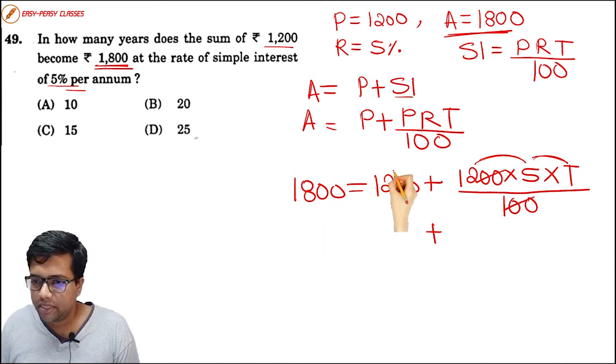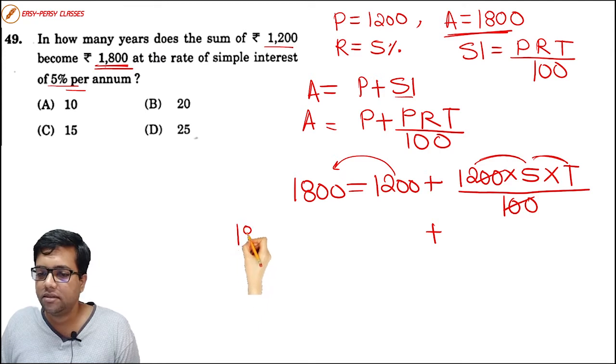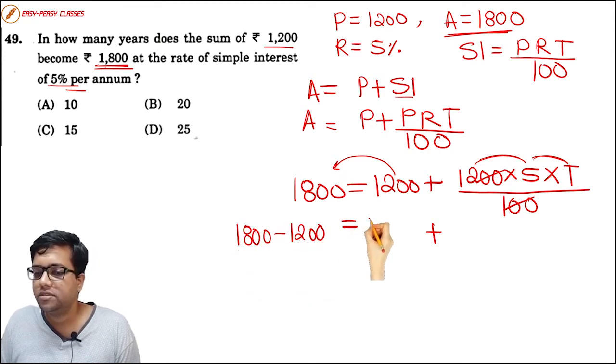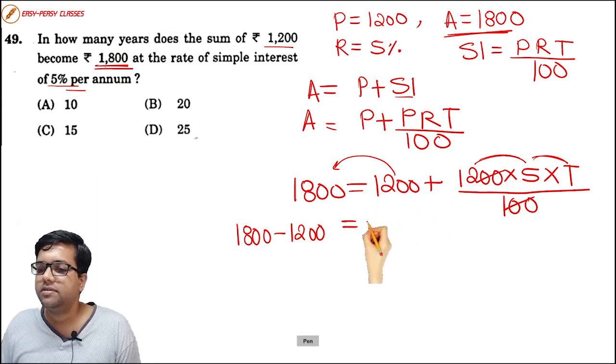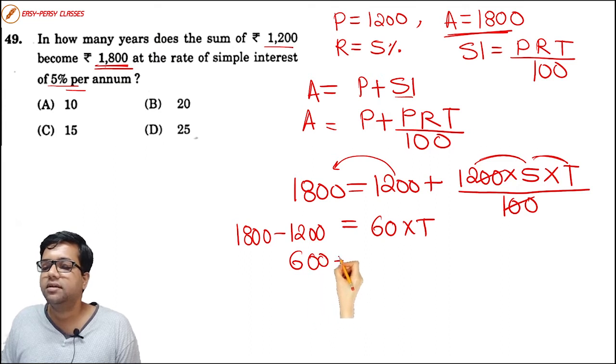Now this 1200 will be shifted over here with a minus sign. 1800 minus 1200 is equal to 12 5s are 60 into t. So 1800 minus 1200, what is the value? It is 600. 600 is equal to 60 into t.